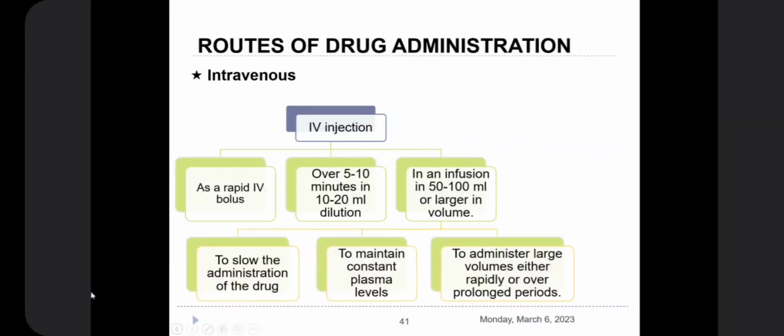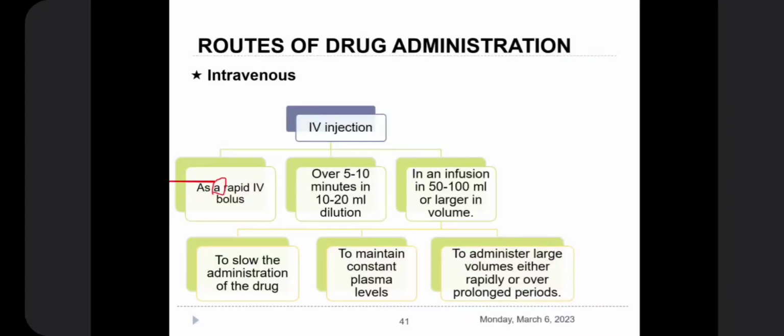Okay, let's see. IV injection also has different descriptions by different pathway. Like the first one, a rapid IV bolus. Yeah, just one time. We put a drug solution into the syringe, and then do the IV injection only one time.